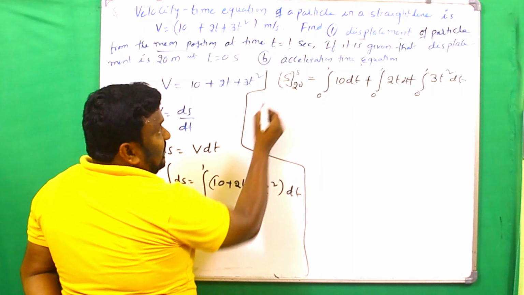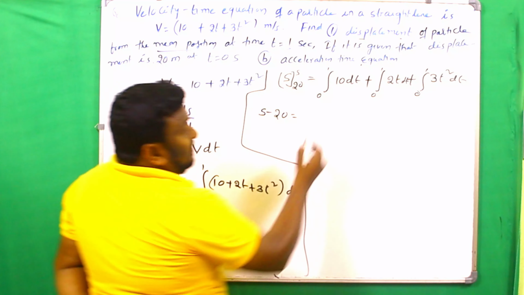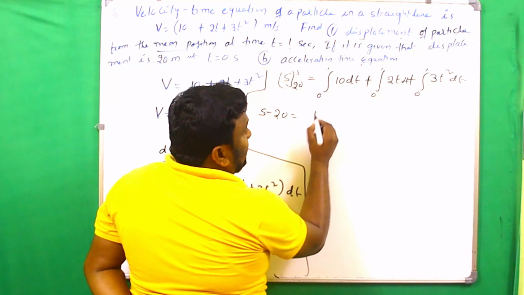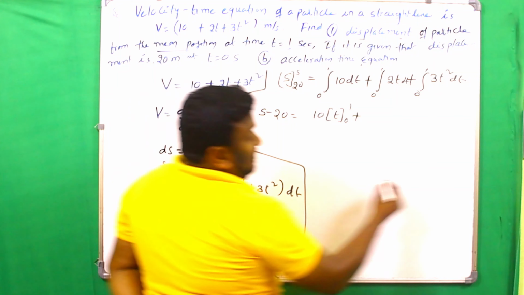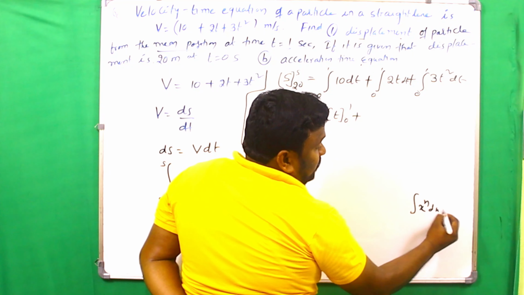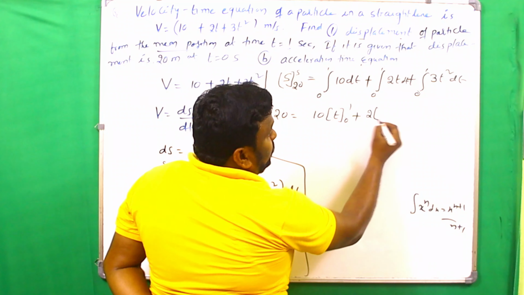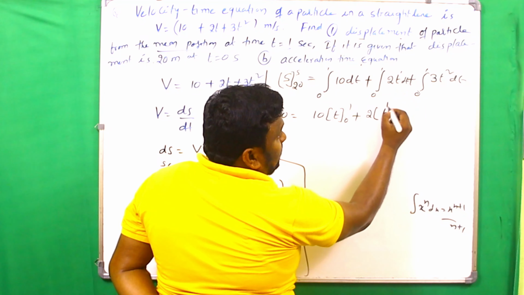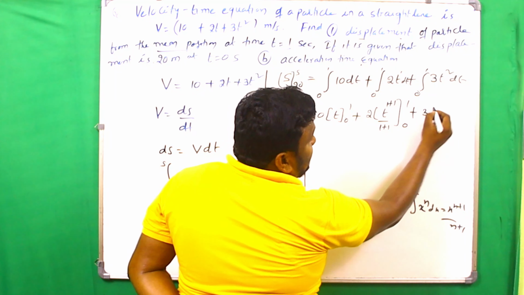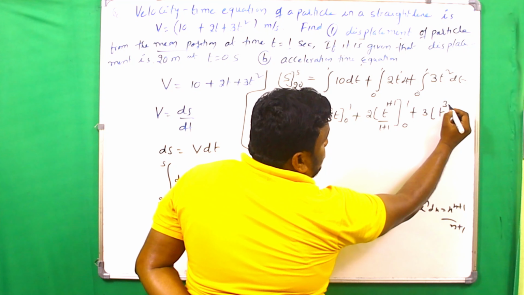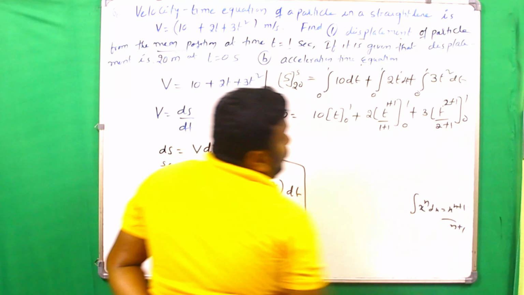That's why we substitute the upper limit s minus lower limit 20 equals, since integration and differentiation cancel, 10t from 0 to 1, plus, as we know, the integral of x to the power of n dx is x to the power of n plus 1 by n plus 1. Here 2 into t to the power of 1 plus 1 by 1 plus 1, limits 0 to 1, plus 3 into t to the power of 2 plus 1 by 2 plus 1, limits 0 to 1.